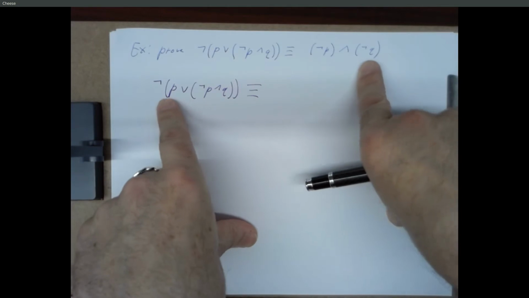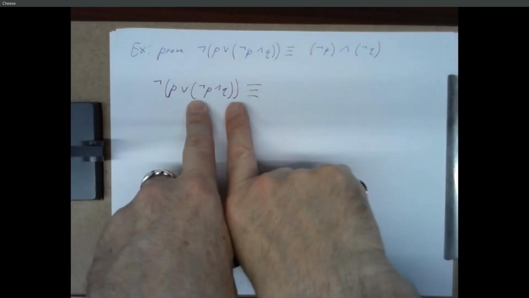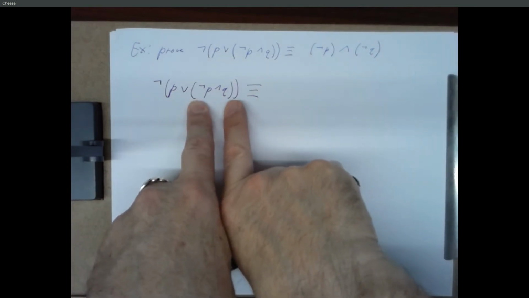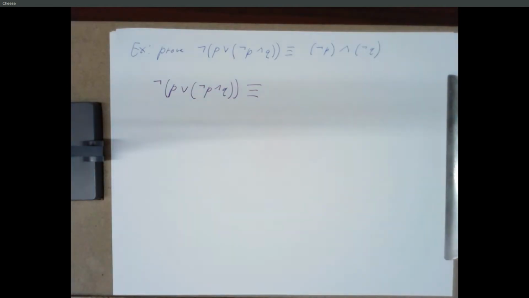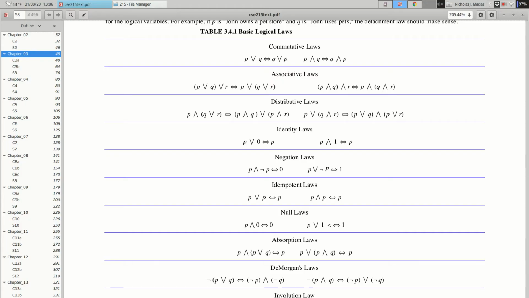So we've got the negation of the quantity P or this other expression, not P and Q. And we want to change that into something else. Is there anything up here that we might use to somehow simplify this expression? Negation of P or the quantity, negation P and Q. Any of these laws that might apply?